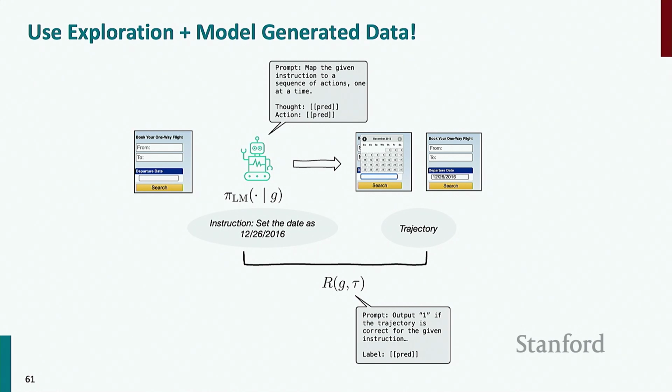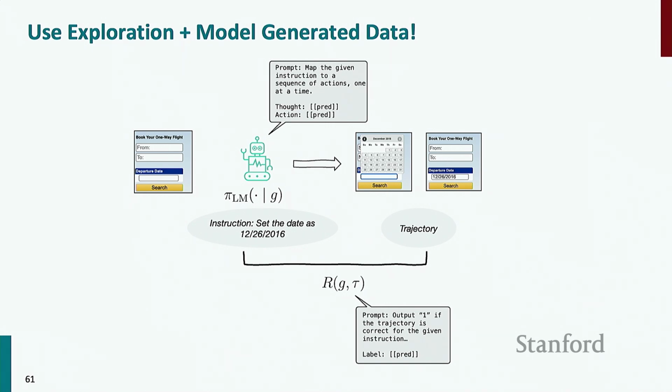And then we're going to do something, again, that we saw earlier on, which is to do this iteratively. So now we have a goal that we got for a trajectory. And now I'm going to get the language model to condition its behavior on this goal. So the goal is to set the date as some given date. And now instead of doing random exploration, the model is going to produce a sequence of actions that have a better correspondence with some natural language instruction.